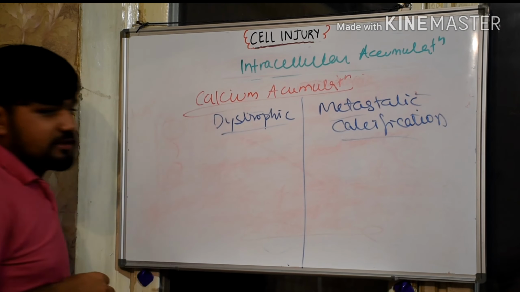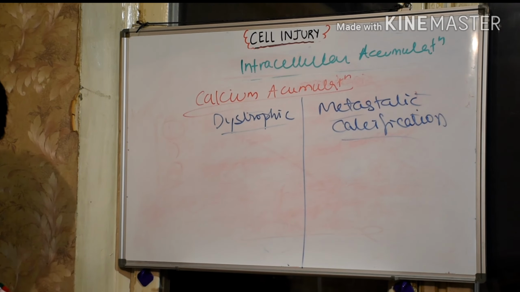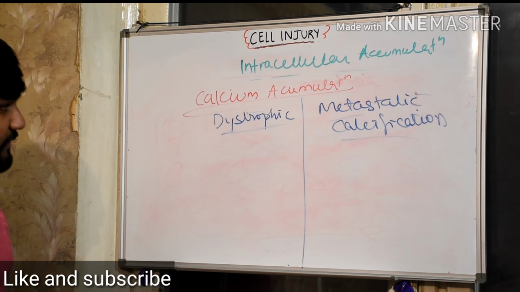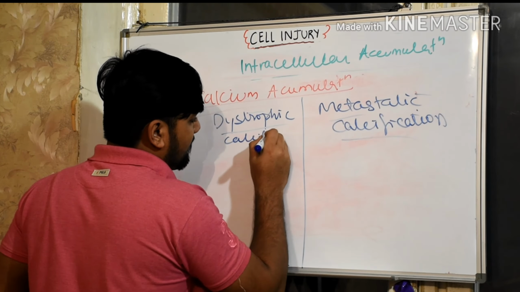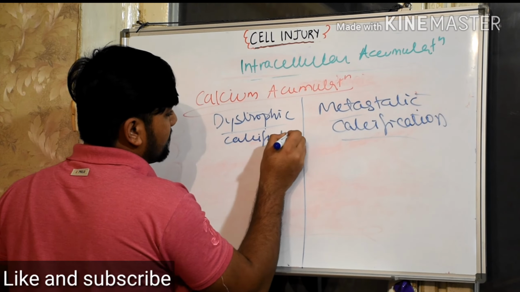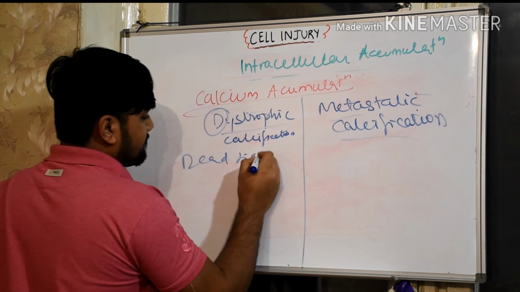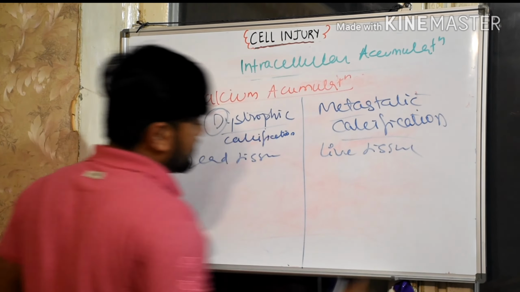Calcium accumulation is known as calcification. One is dystrophic calcification, one is metastatic calcification. I will tell you the differences between them, very simple.